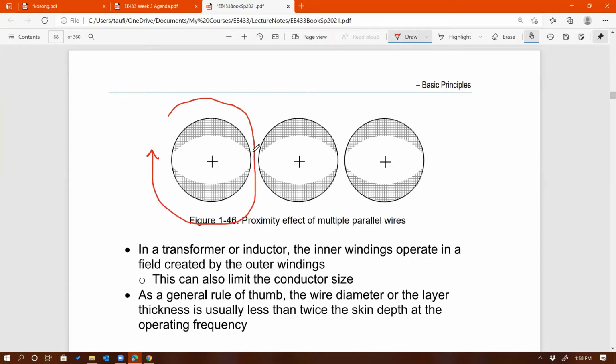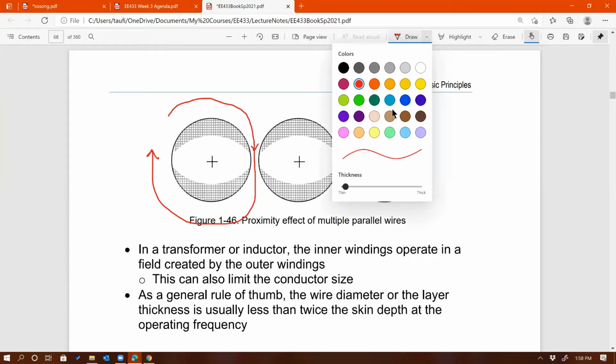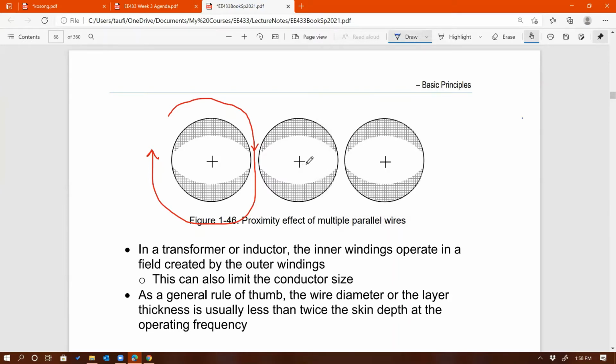For the first one, I'm going to put the arrow in between the two conductors, and let's do the second one, clockwise again, like that. And actually this is pointing that way, and then on the bottom side it is pointing this way and this way.